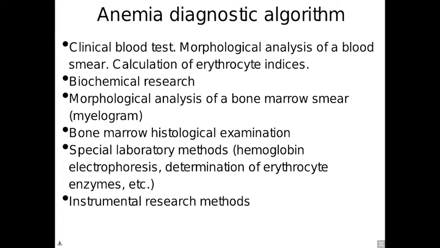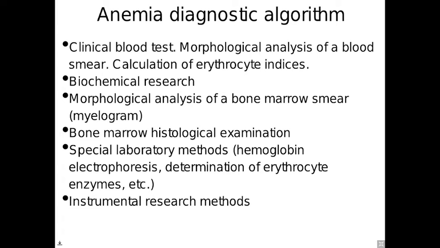After that, bone marrow histological examination, but we must have specific indications for bone marrow histology. For example, when we suspect any bone marrow insufficiency, aplastic anemia, B12 anemia must also be confirmed by bone marrow histology. We must directly see the megaloblastic type of erythropoiesis.